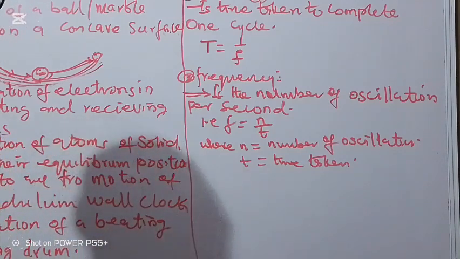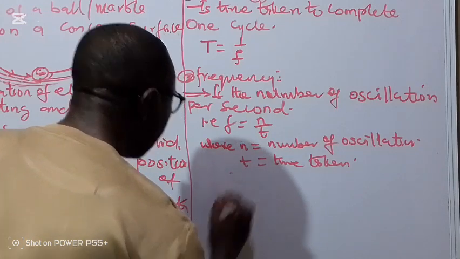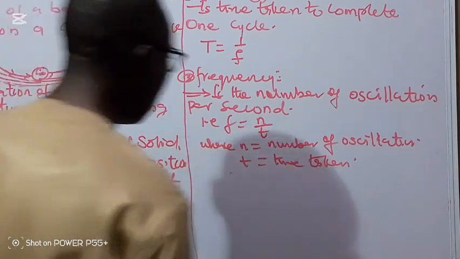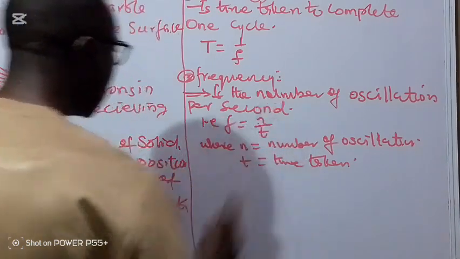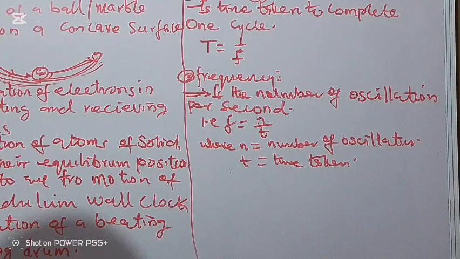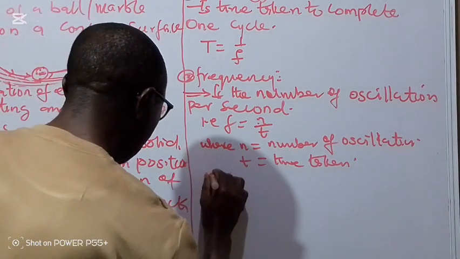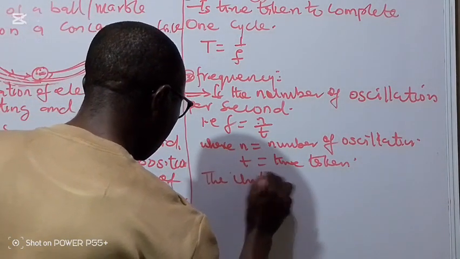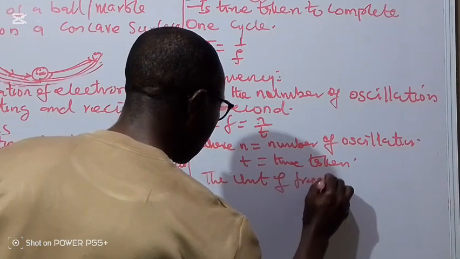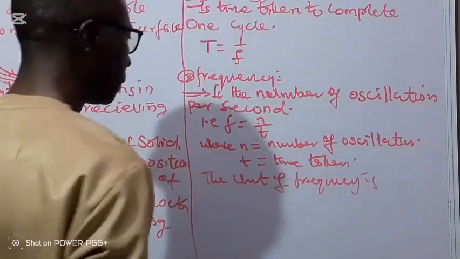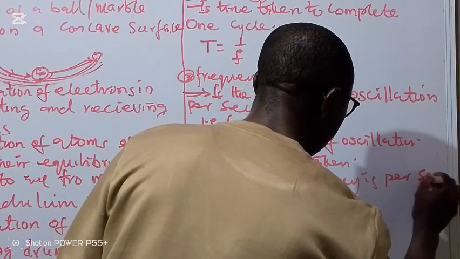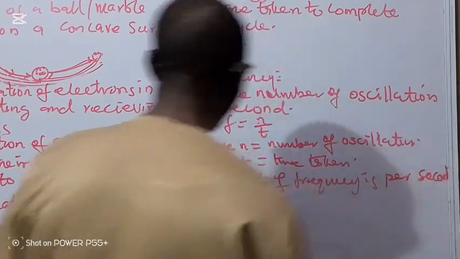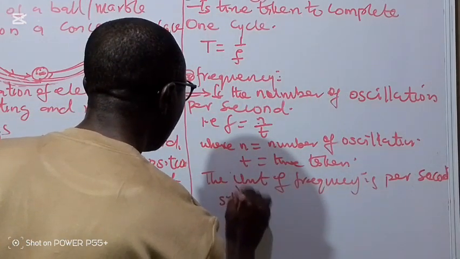Now, from what we've seen on the board, the unit of frequency is per second. When you say number of oscillations over time taken, the unit of frequency is per second.